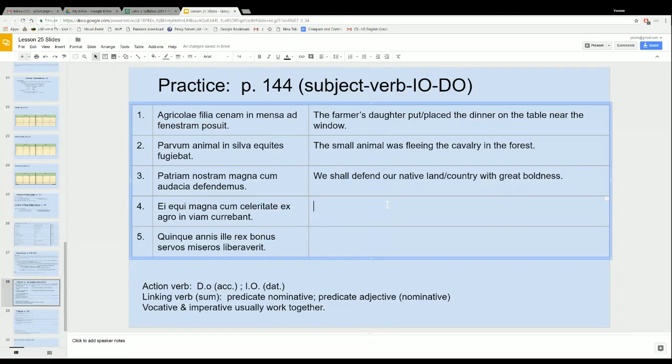All right, Madeline, number 4. And so here you get to deal with the forms of is, ea, id, okay? That's in the dative. Well, it could be in the dative or it could be in the nominative plural. See that? That masculine nominative plural over there.